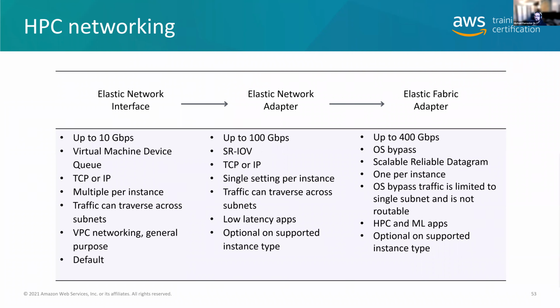It's going to basically use what's known as SRD, which is scalable reliable datagrams. Notice that it's not a TCP or IP setting, right? That is something very proprietary to HPC computing. So just know that EFAs require a little bit more manipulation to get functioning, but can get extremely fast.